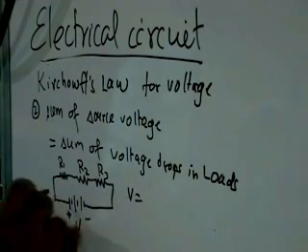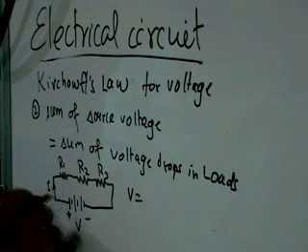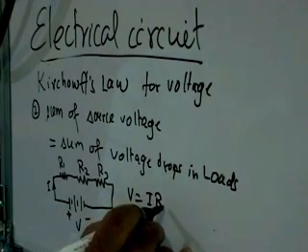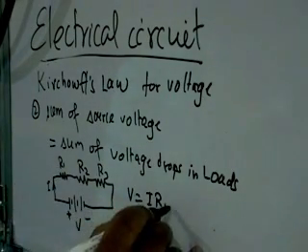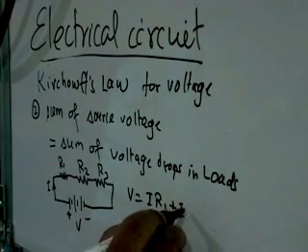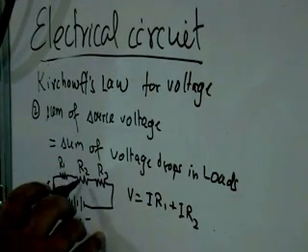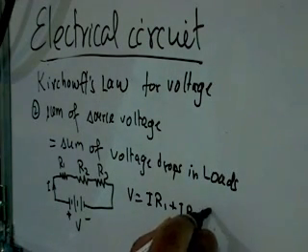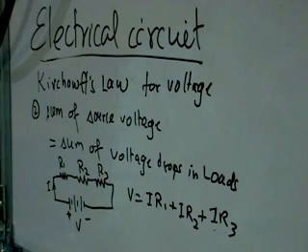Let's say the current is I. It is I R1, the voltage drop in the first resistor, plus I R2, the voltage drop in the second resistor, and plus I R3, the voltage drop in the third resistor.